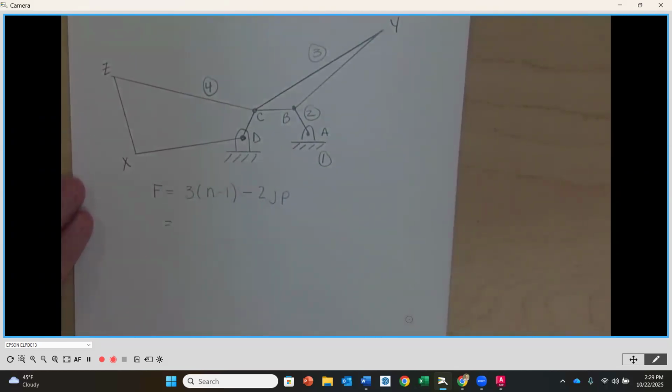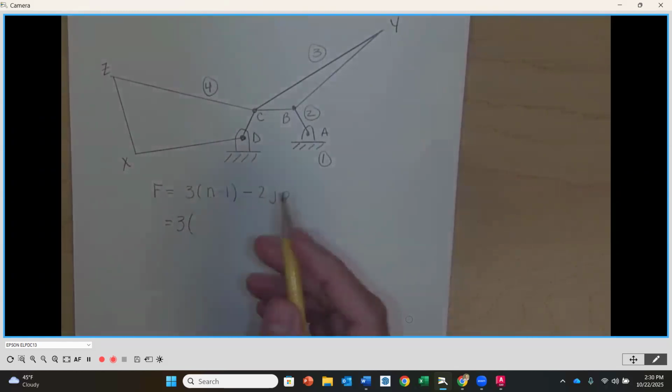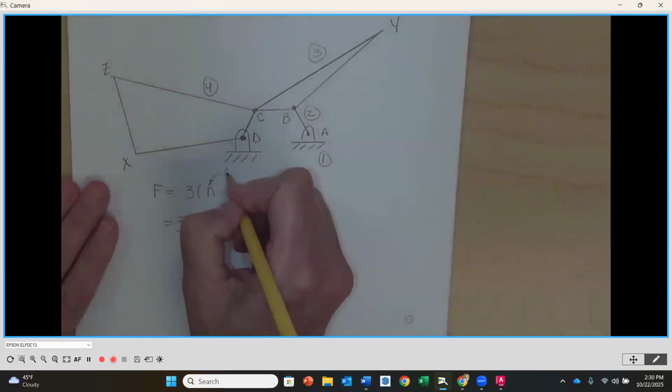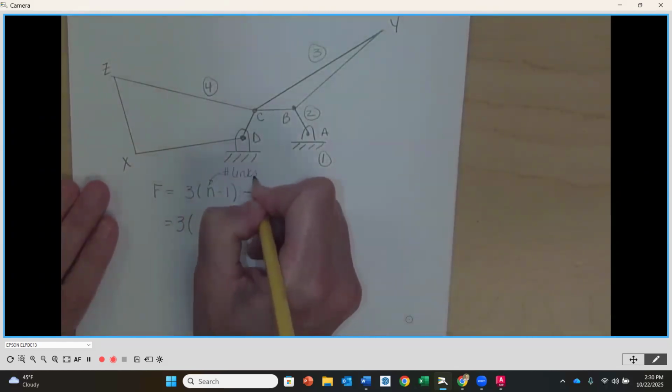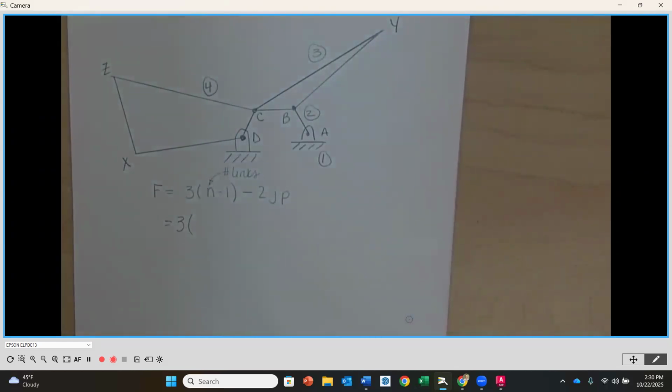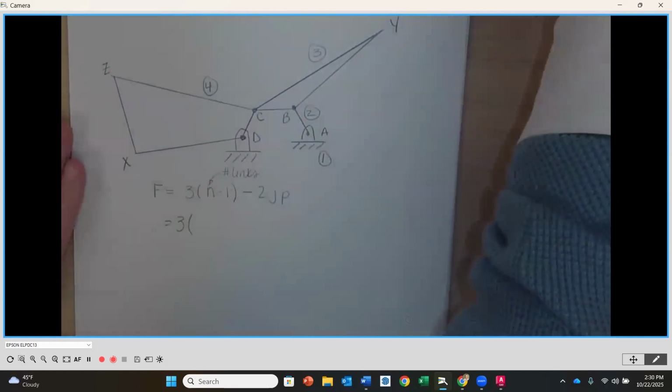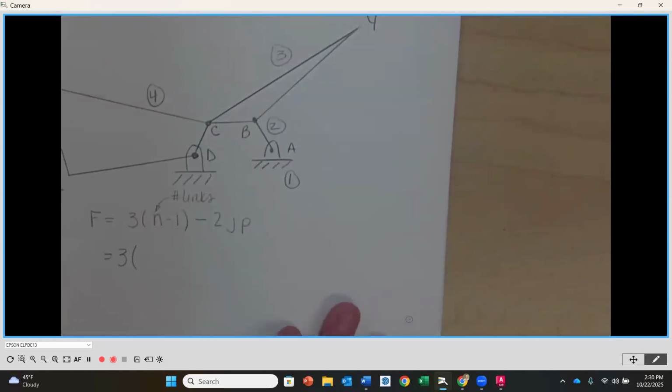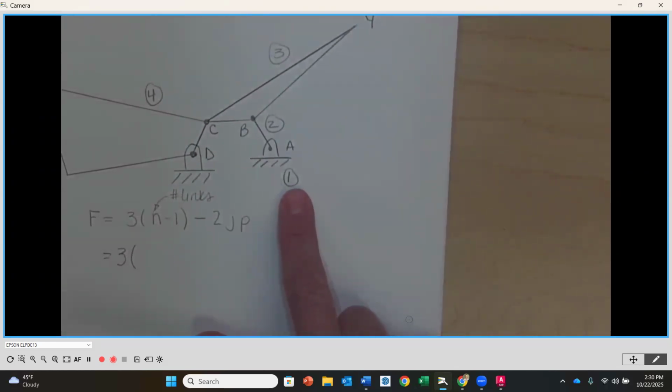So now remember, 3 is a constant. Our variable is n. This is the number of links. You don't have to put that on there, but that's what n is. Links are going to be what we identified as the number with the circle around it.